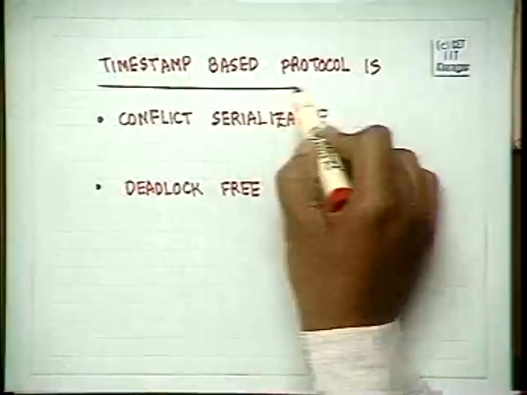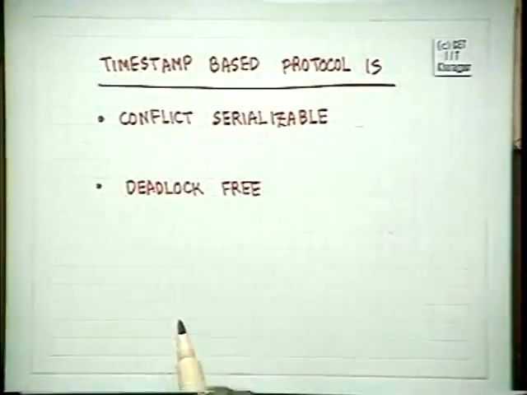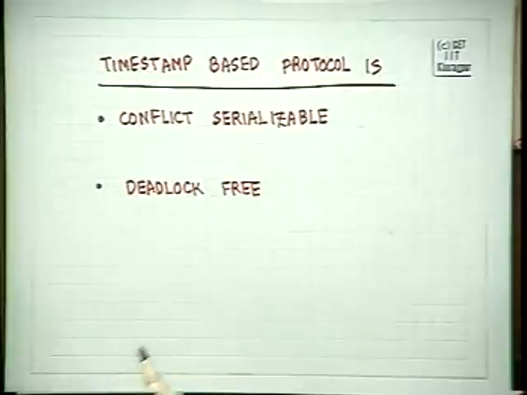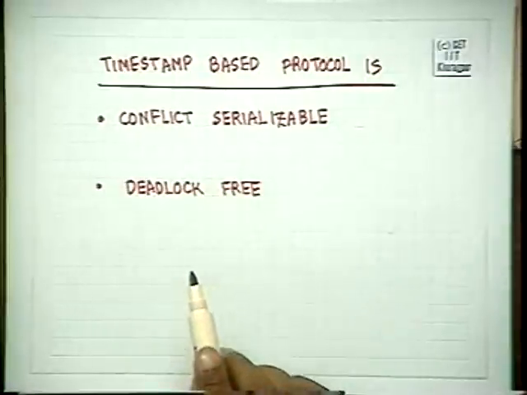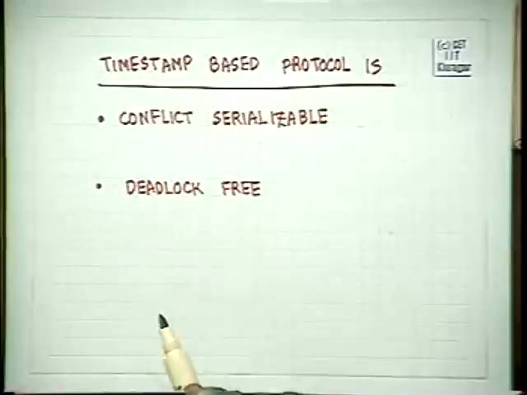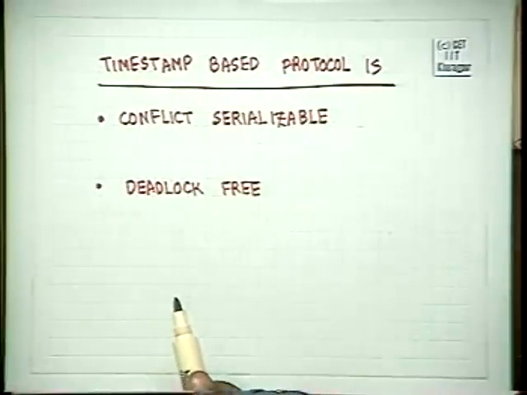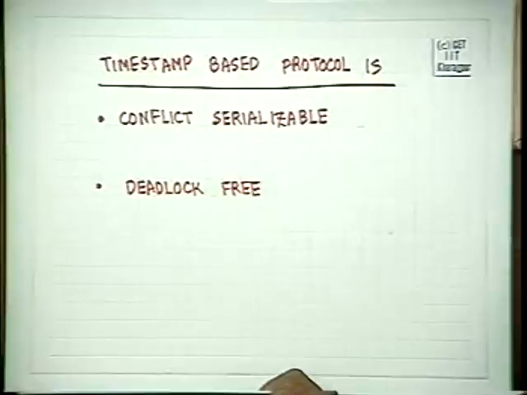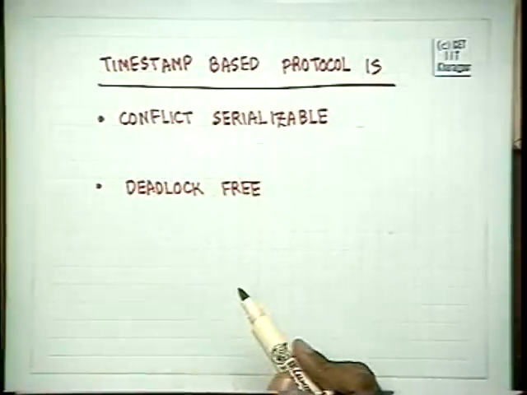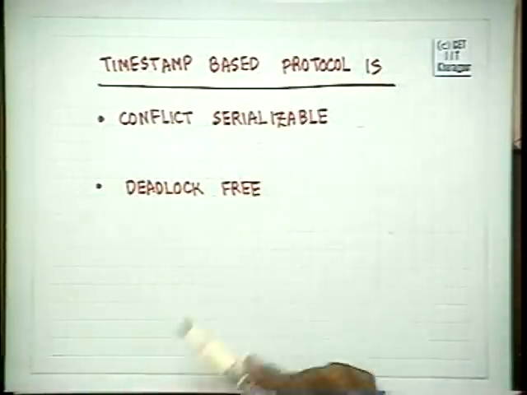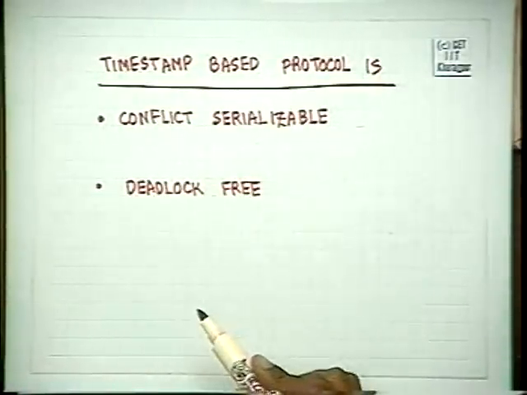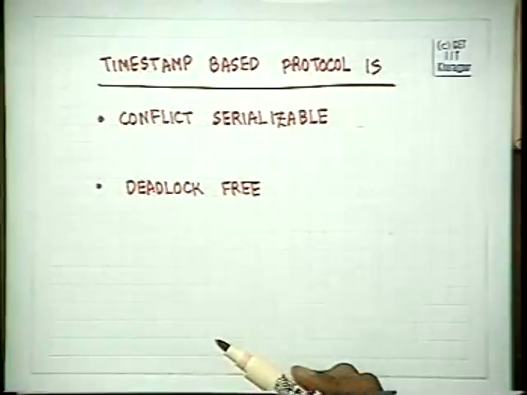So, there is a lot of overhead, but the advantage is that the user need not bother at all about what is going on. The problem of time stamping is that since you allow everything to occur, you may have situations in which you continuously start rolling back transactions, and it would possibly have been faster to have executed them in a sequential fashion.